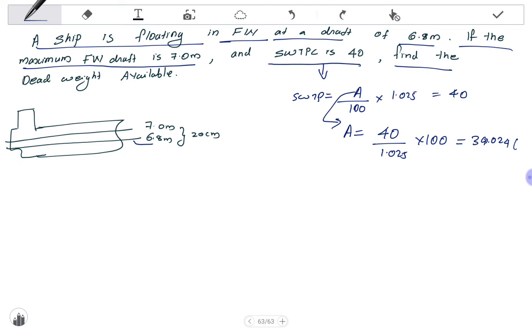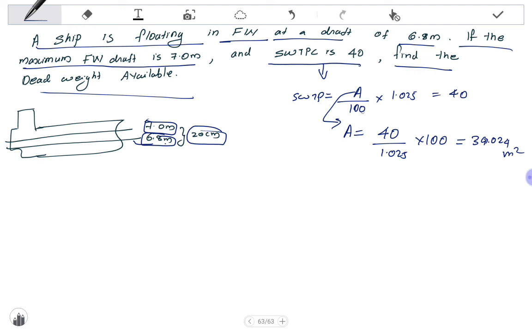Now we need to find the dead weight available. Dead weight available means the vessel is already loaded till 6.8 meters and it can load till 7 meters. So 20 centimeters more the vessel can be loaded, right?